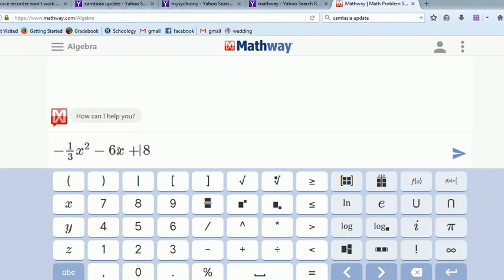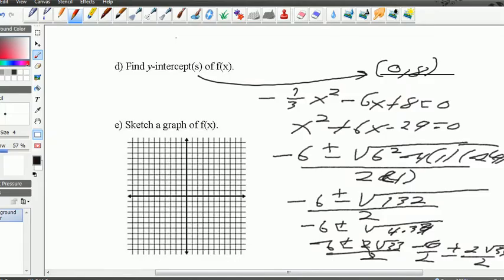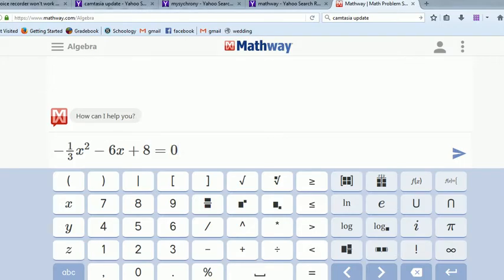So that should have been 36 minus 4ac, set equal to 0. When we set that equal to 0, let's confirm it. Yeah, x squared plus 6x minus 24, minus x squared minus 6, because we multiply by -3, right?